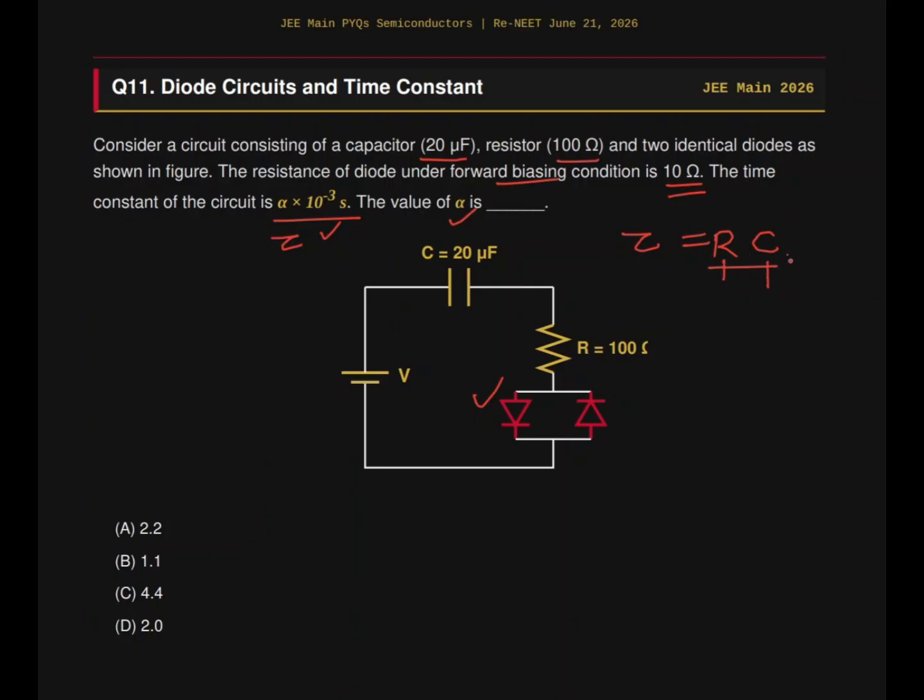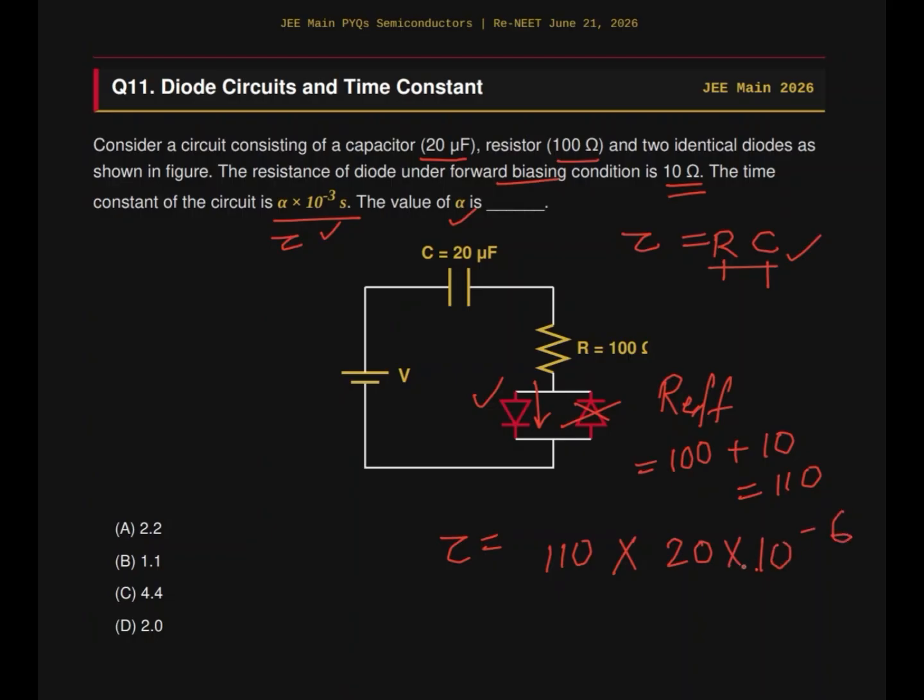R effective and C effective. C effective is like constant, right? When it will be under forward bias, this becomes useless, right? So the effective resistance will be what? 100 ohms plus 10. That is 110, right? So what will be tau? Tau will be 110 times 20 microfarad, right? So the value of alpha will be 2.2. Simple enough.